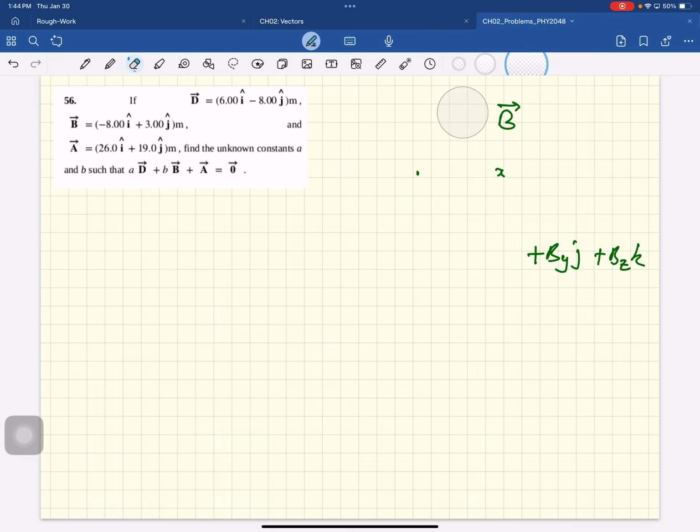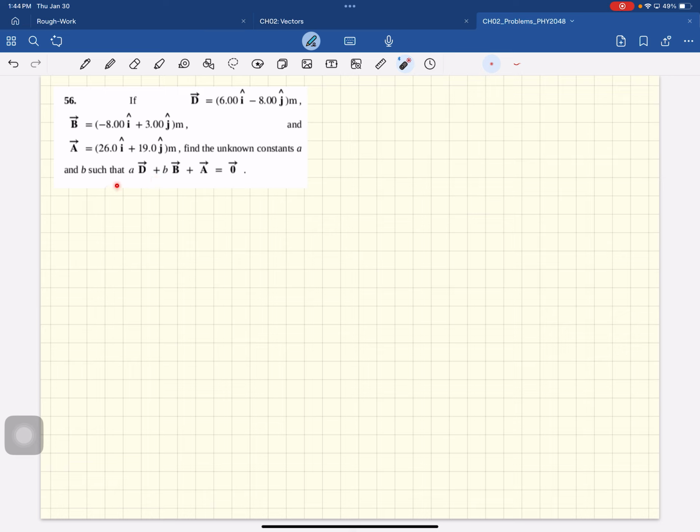That will be useful when you do the next problem. Here is the equation. They tell you to find the unknown constants A and B such that A times D plus B times B plus A equal to the 0 vector, where A and B are scalars. It looks like one equation with two unknowns and you should not be able to solve it.